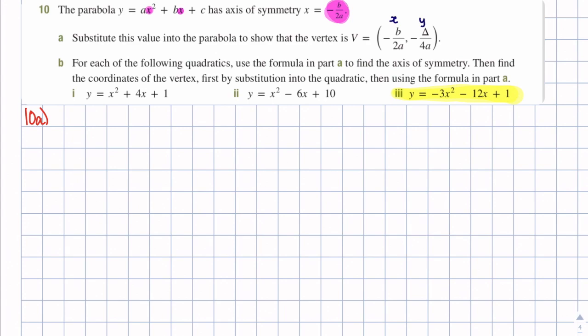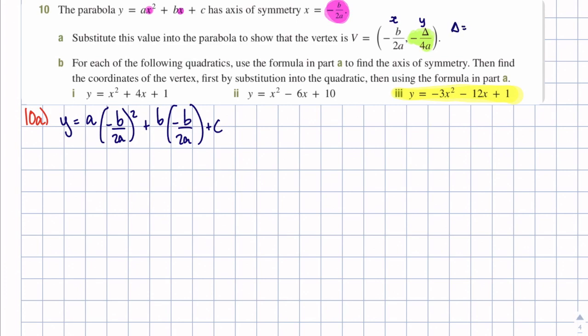That's going to tell us y. So y equals a times minus b on 2a squared plus b times minus b on 2a plus c. And hopefully we're going to manipulate this until we end up with this thing as the y value.